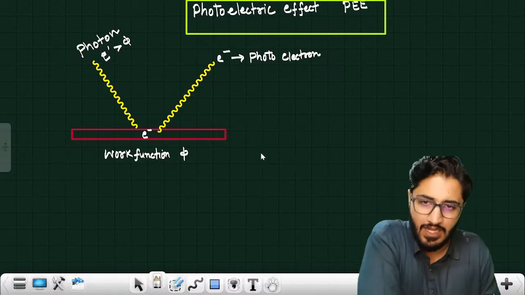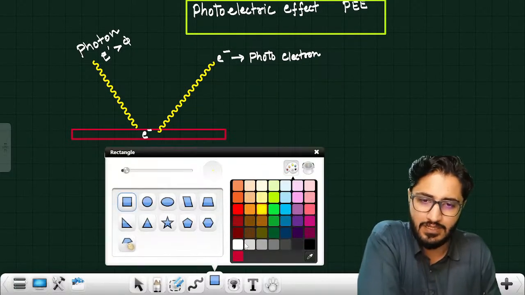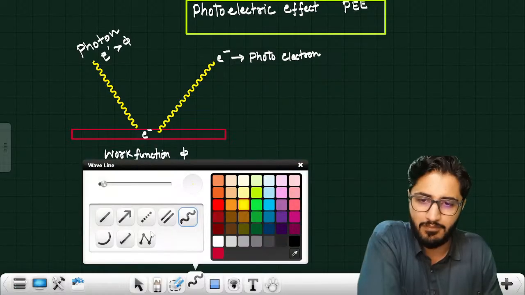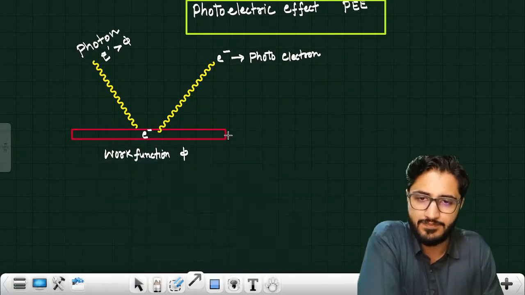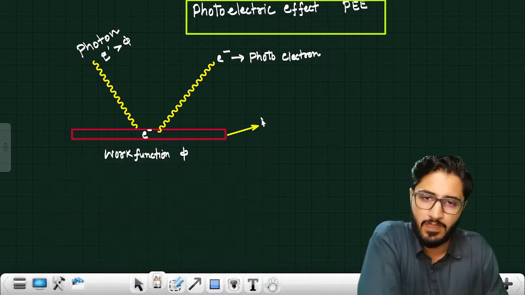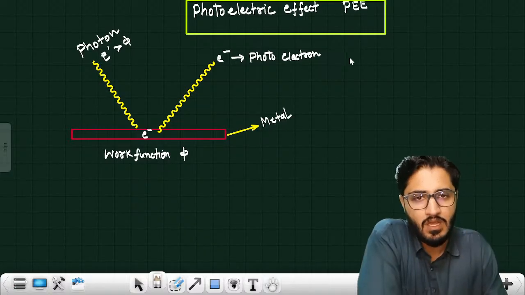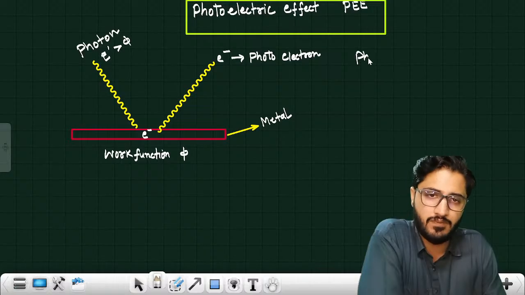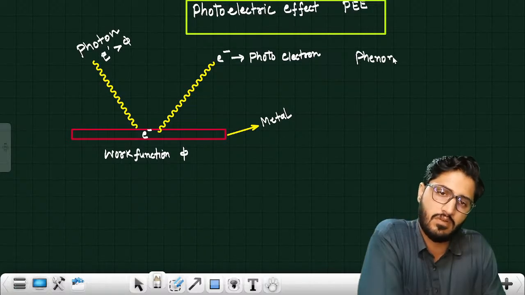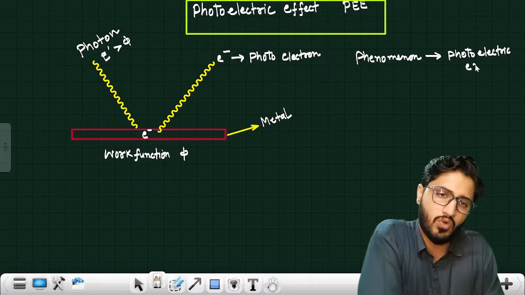And this is my metal. And this whole phenomenon is known as photoelectric effect.